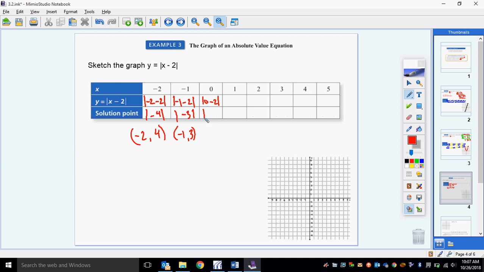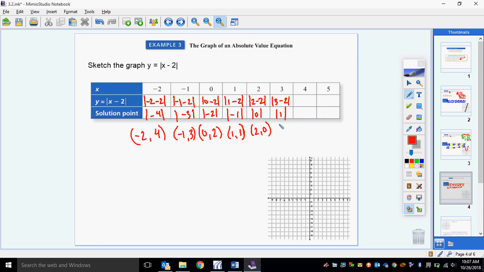The absolute value of 0 take away 2, so the absolute value of negative 2 is a positive 2, and I plugged in 0. Absolute value of 1 minus 2, so that's the absolute value of negative 1. So when I plugged in 1, I get a positive 1. Do the same thing for 2. The absolute value of 0 is just 0, so 2 comma 0 is the next solution point. 3 minus 2 is 1.